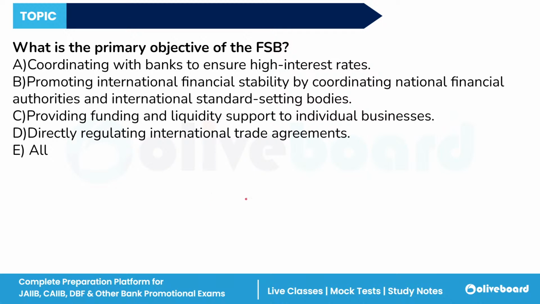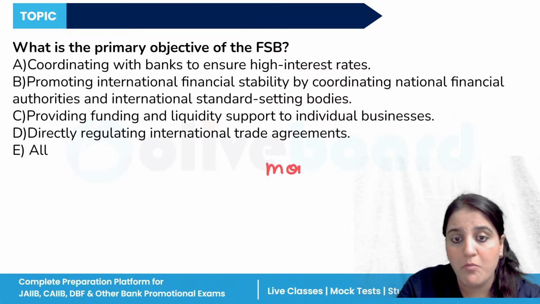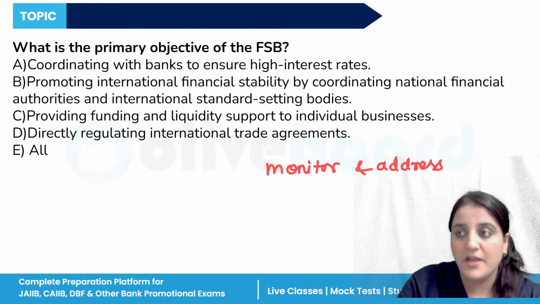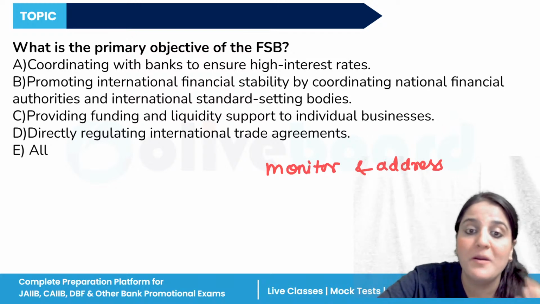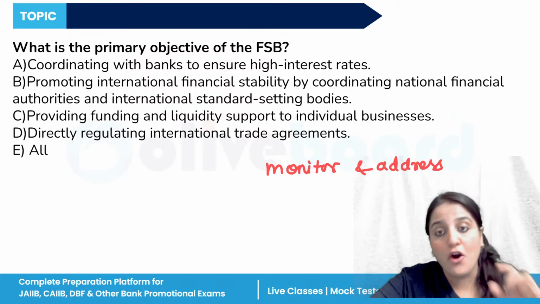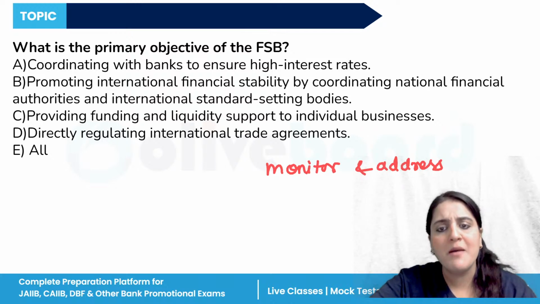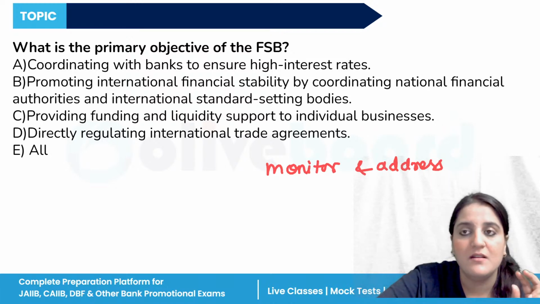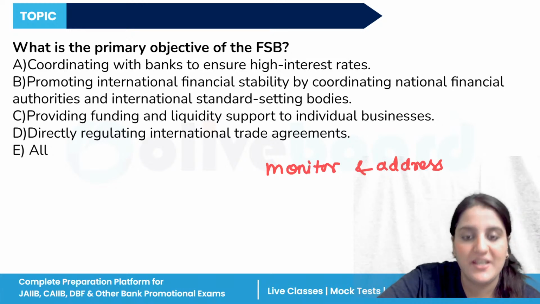Basically, if we talk about FSBs, they work to monitor and address the vulnerabilities in the global financial system and foster cooperation among national financial regulators to ensure a stable financial environment worldwide.